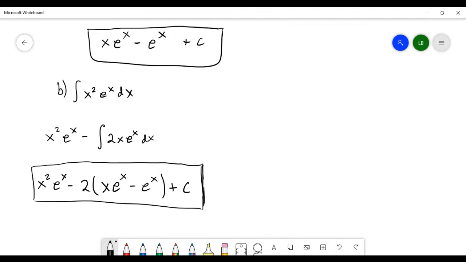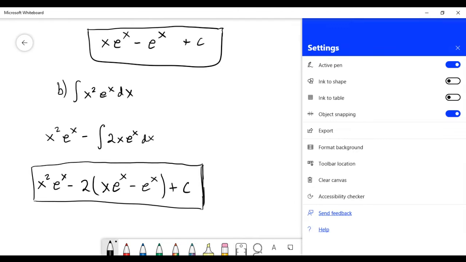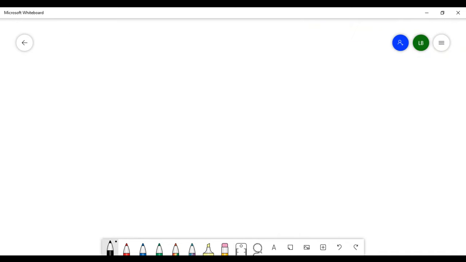Since we're on the topic of repeated integration by parts, let's say we had this integral. First off, how many times would you have to do integration by parts for this one?